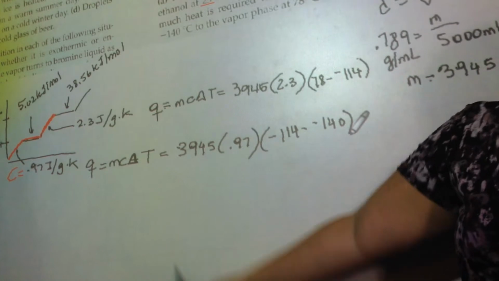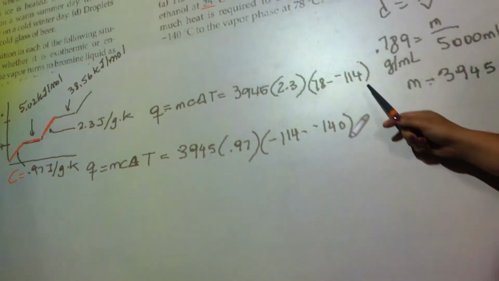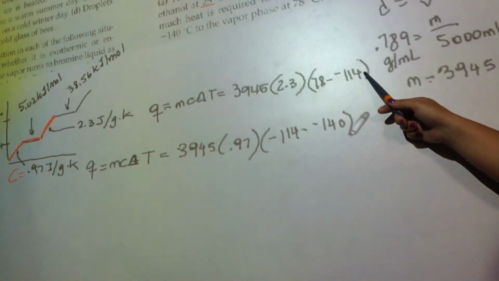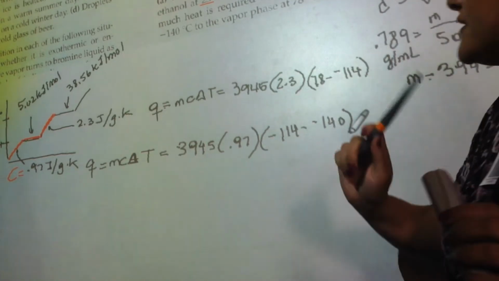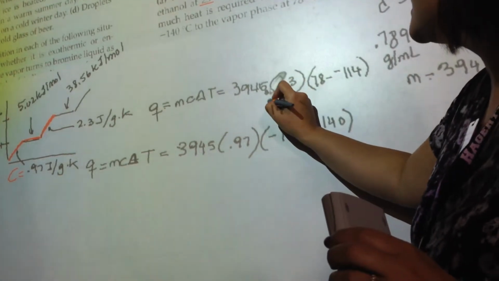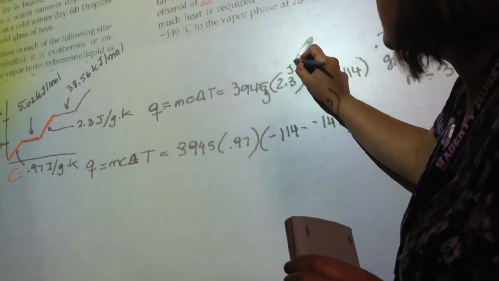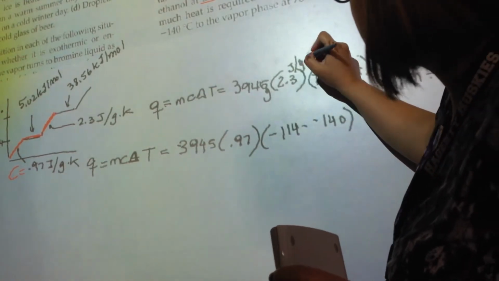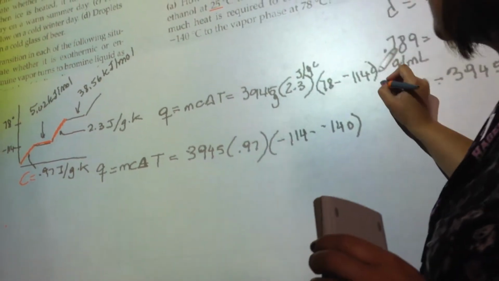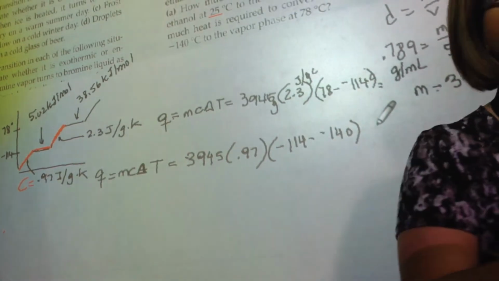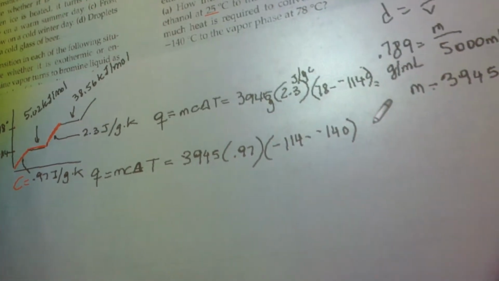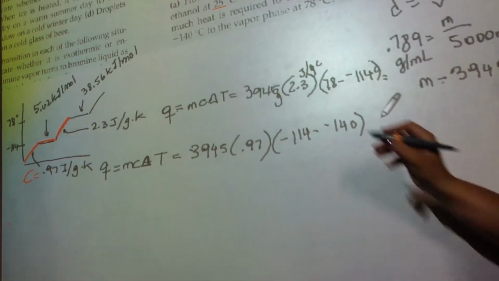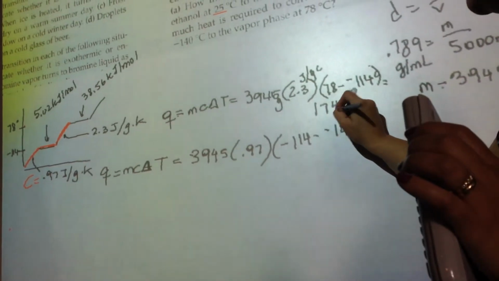I get a huge number. And one of the things you have to watch for here is, what are the units of this? Yeah, this is in joules, okay? So it might be worthwhile to go ahead and divide by 1,000 to change it to kilojoules. I get 1,742 kilojoules.